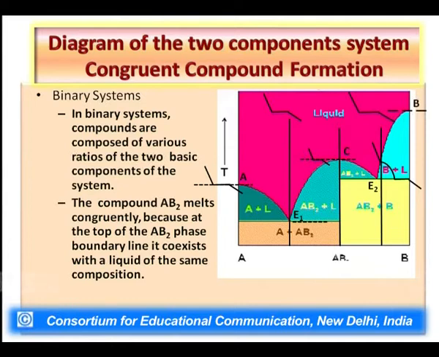So, a compound is being formed: if we treat sodium sulphate as A and water as B, then the compound AB5 is being made.